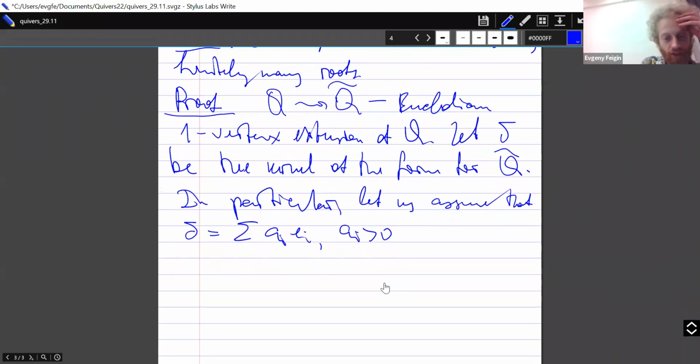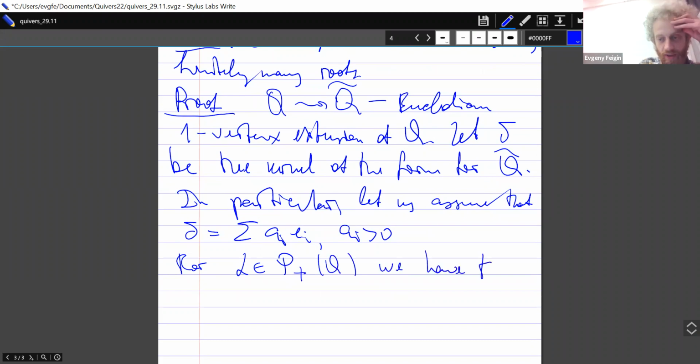Then for alpha in phi plus of Q, we have the corresponding root in phi plus of Q tilde, which we denote by the same letter.